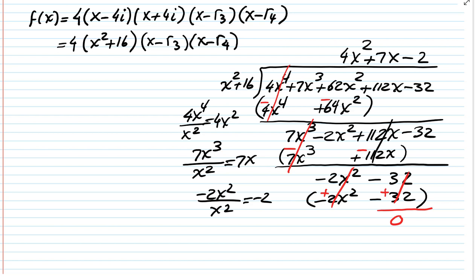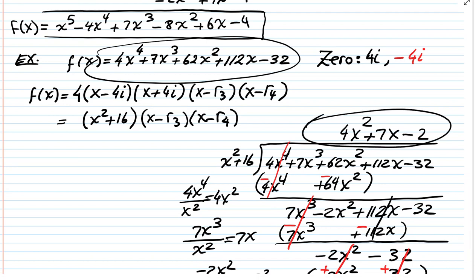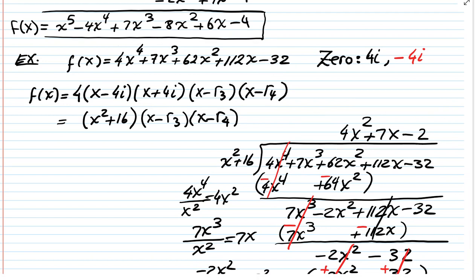Now, I'm going to leave this 4 out because the way I did this, I worked with the original polynomial and this is what I got. Okay. And I'll show you, I can factor the 4 later on. This is what we have. This is the leading coefficient, right? I'll show you how that can work in the end.